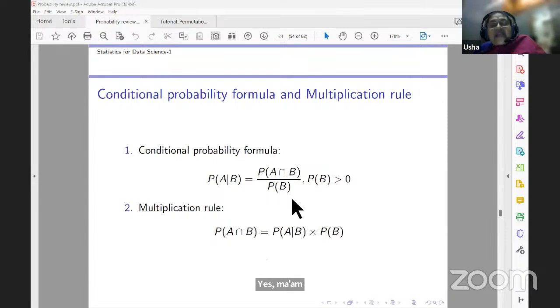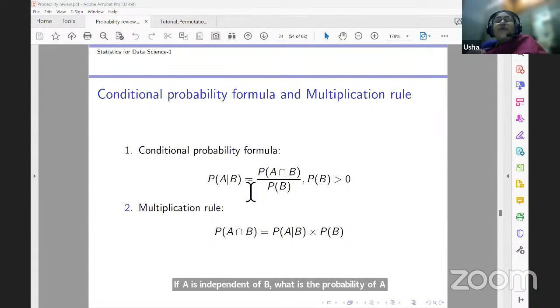Now, if A is independent of B, what does this mean? Just look at this formula here. If A is independent of B, what is the probability of A happening given B? What is the probability of A happening by itself?